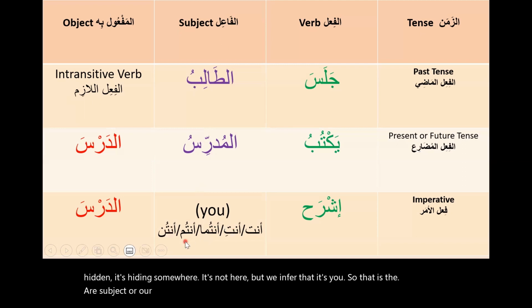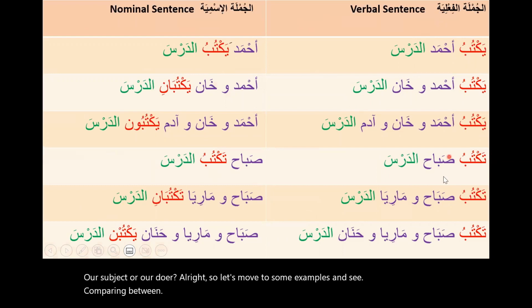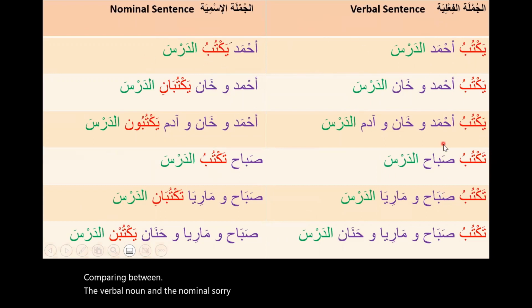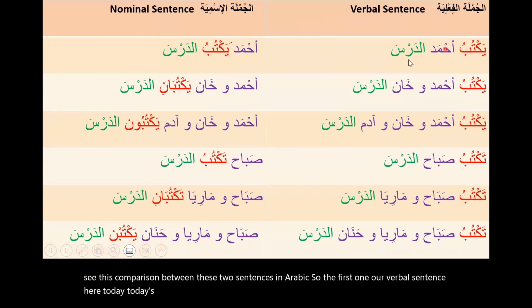All right, let's move to some examples and see a comparison between the verbal sentence and the nominal sentence. Let's see this comparison between these two sentences in Arabic. The first one, our verbal sentence here, today's lesson: يكتب أحمد الدرس.